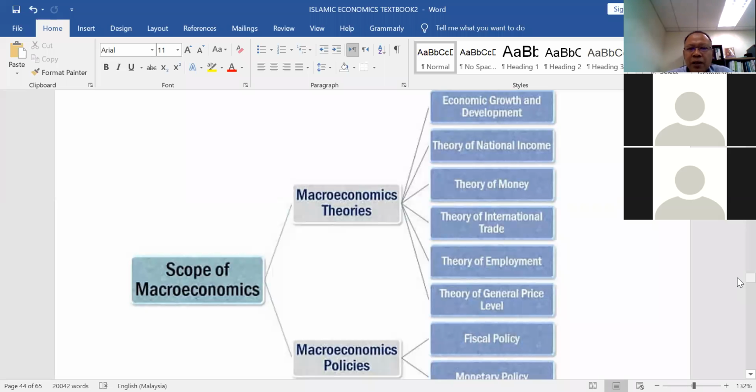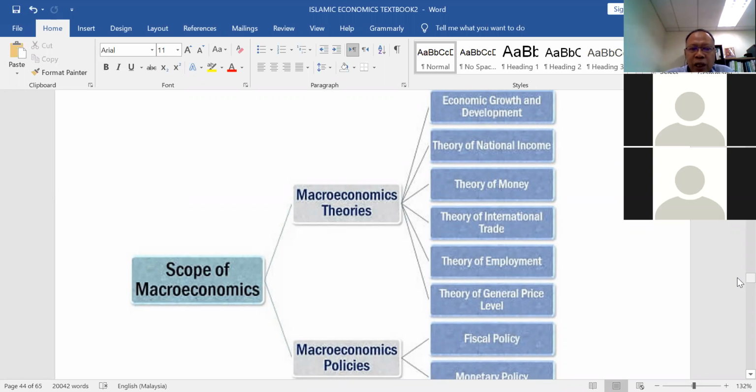Okay. So macroeconomic theories include the theory of economic growth and development, theory of national income, theory of money, theory of international trade, theory of employment, theory of general price level, which is inflation.